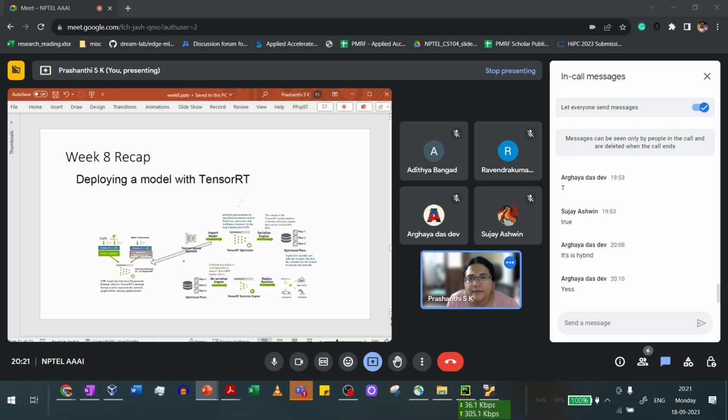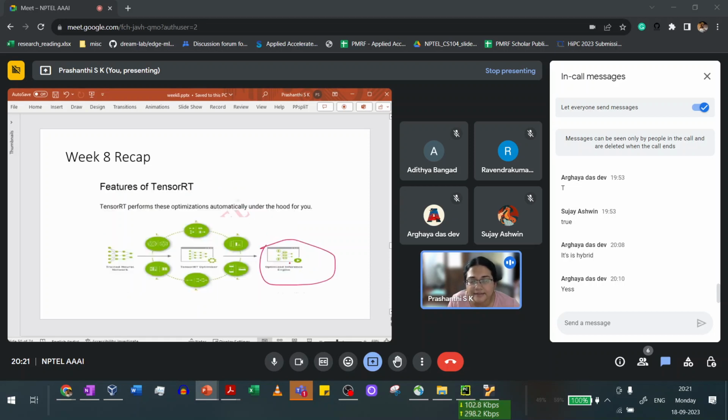So what does deploying a model look like with TensorRT? You have a trained neural network. You import this model into the TensorRT framework. Then the optimizer does a bunch of things on it, and remember that there is an inference engine that's generated.